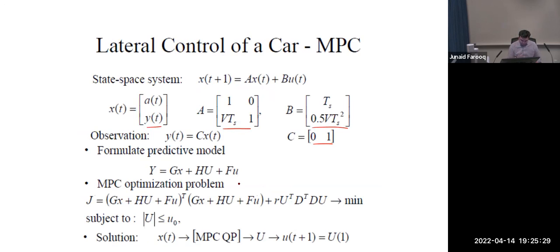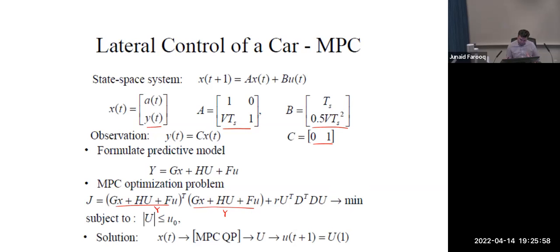Now, first thing is to formulate a predictive model. We are using the compact representation, and the MPC objective function turns out to be this. So it is y transpose times y plus r times u transpose u.